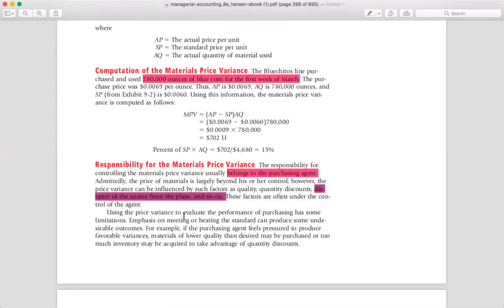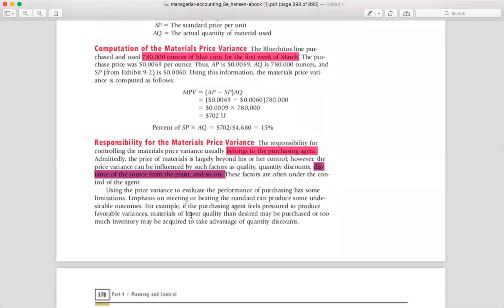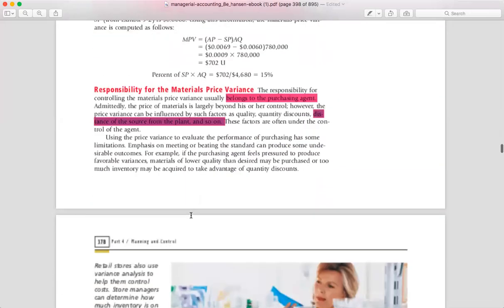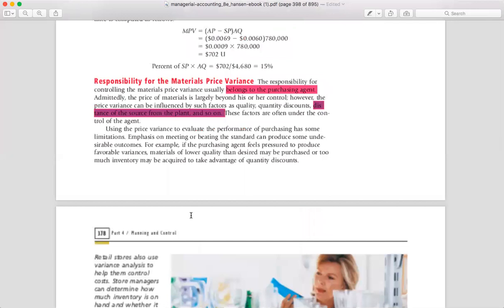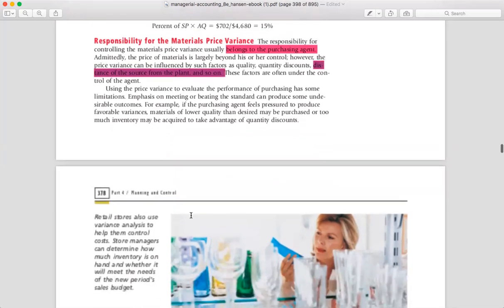Using the price variance to evaluate the performance of purchasing agents actually has some limitations. Sometimes the standard can produce undesirable outcomes. If the purchasing agent feels pressure to produce favorable variances, material of lower quality than desired may be purchased, or too much inventory may be bought to take advantage of the quantity discount.